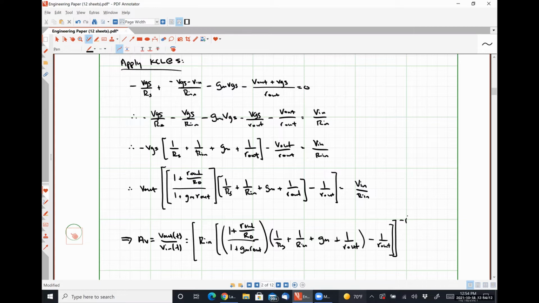So horrifyingly ugly thing, but we now have our 3 basic single stage amplifier types taken care of with channel length modulation effects included. If I wanted to be ludicrously brutal about this, technically speaking for this one, notice that our source isn't at ground, so we probably should have included body effects too, but I'm not going to do that because it's going to be even worse. All right, so we're gonna let that one go.